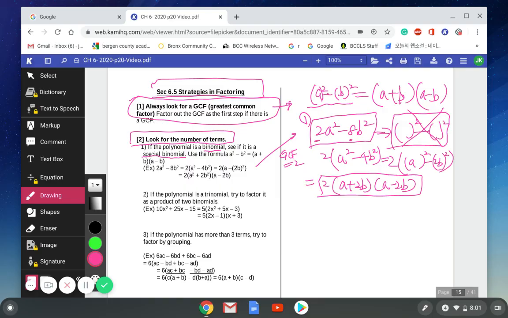But after you factor the GCF out, now it looks like that. Now, if the polynomial is a trinomial, then you use the regular factoring methods.